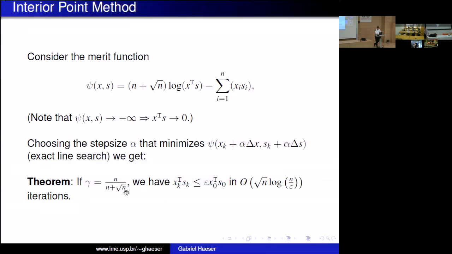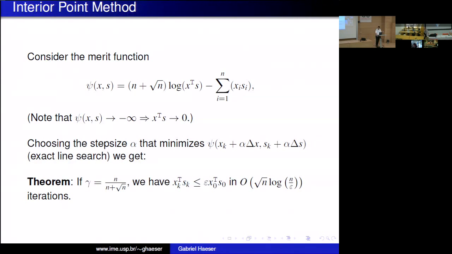There is a theorem that says that you will reach your stopping criteria in this number of iterations. So if you want a very small tolerance epsilon for the complementarity, you must perform a larger number of iterations. But the important thing is it's something like square root of n log of n. So it's a polynomial number of iterations, and at each iteration you simply solve a linear system.